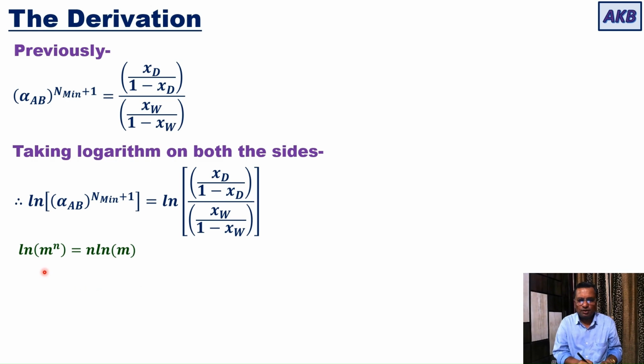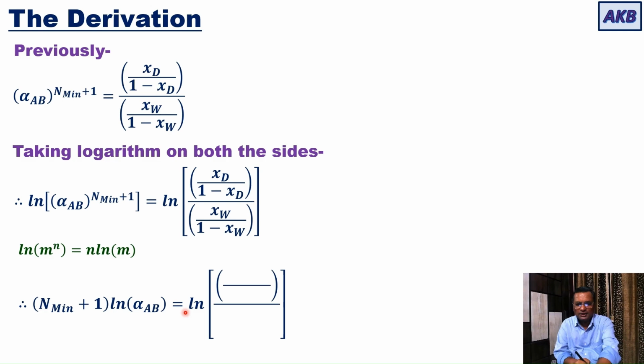Using the logarithmic identity that ln of m raised to n is n into ln of m, on the left hand side, n minimum plus 1 will come as a multiplying factor with the logarithmic term. So it will be n minimum plus 1 into ln of alpha AB, that is equal to ln of xd upon 1 minus xd divided by xw upon 1 minus xw.